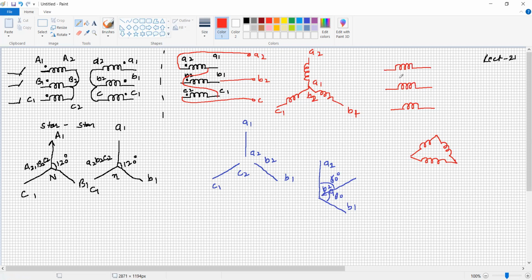If you connect one winding here and the second winding here, the third terminal we are going to connect to the third terminal of the third winding.